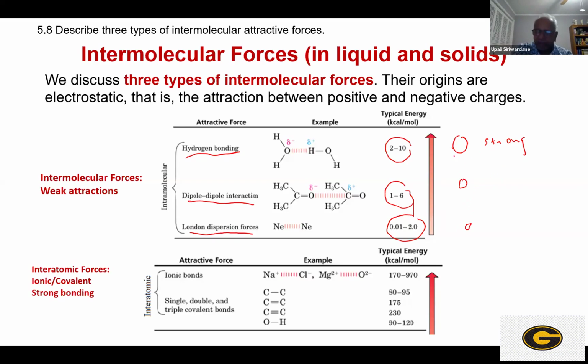When they are present in molecules, this one is the stronger. When it is there, normally the other 2 are not seen. When hydrogen bonding is the intermolecular force between 2 particles, the brightness, the strong strength of the hydrogen bonding, overshadows. These 2 are not seen.